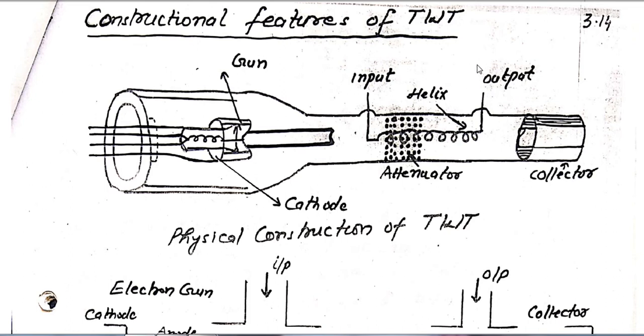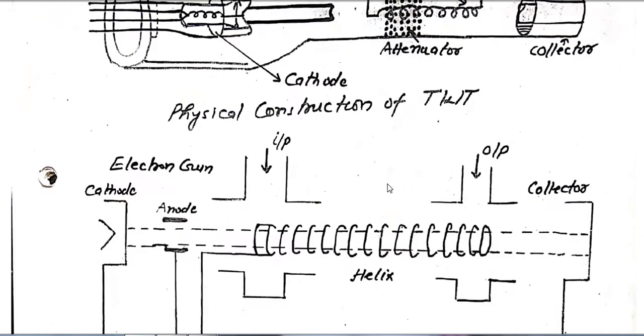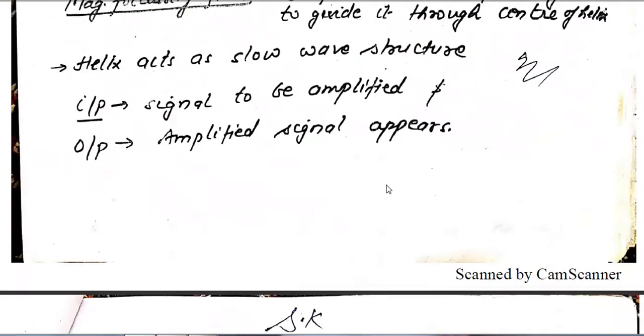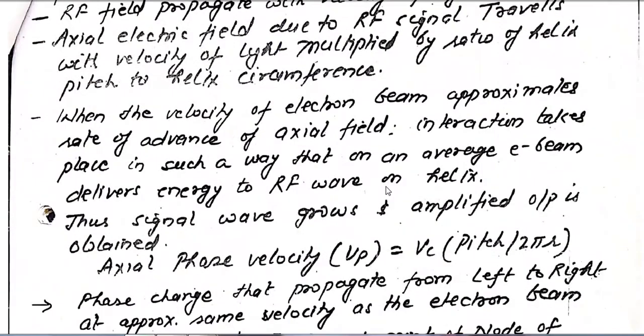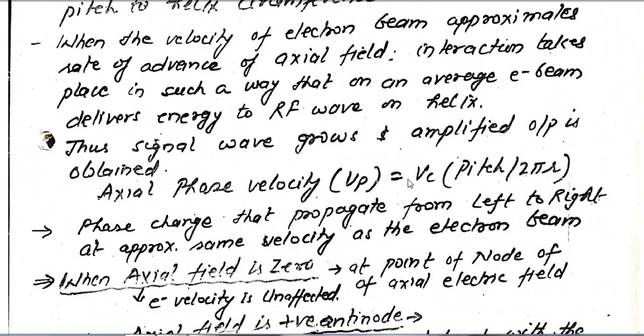The axial phase velocity will be given by Vp. This Vp can be written as Vc into pitch divided by 2 pi r, where r is the radius of the helix, and it is essentially constant over a range of frequencies.